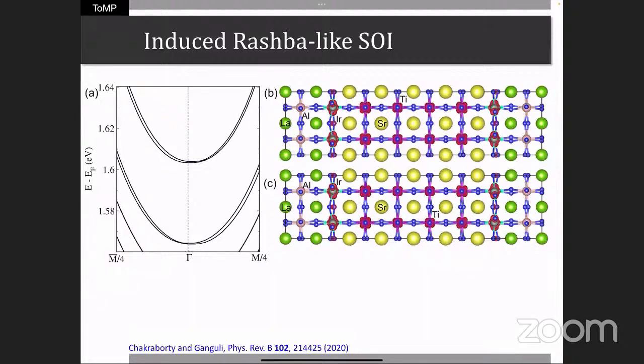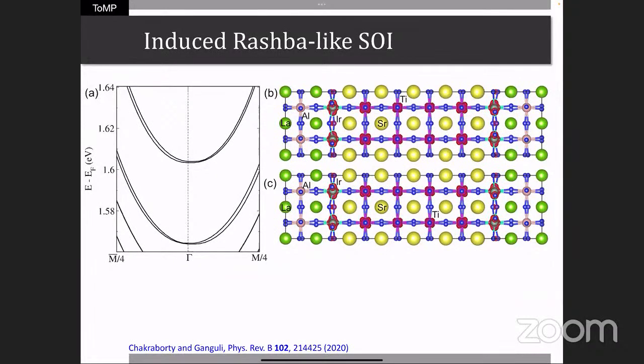But because of the proximity to iridium, we can see that these titanium bands here, these 4 bands, show sizable Rashba kind of splitting. And we can see that these bands, the corresponding charge density, although primarily on titanium, also spills over iridium atoms a bit. Therefore, the hybridization of iridium and titanium induces Rashba-like interaction in titanium bands.